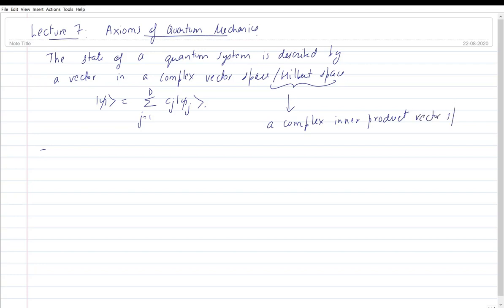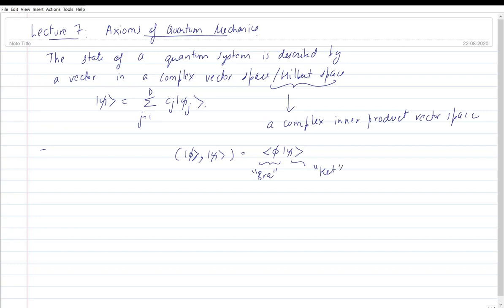Vector space. Essentially, if I have two vectors, I represent the inner product in the bracket formalism as this thing. This is the bra part. This is the ket, the Dirac notation.